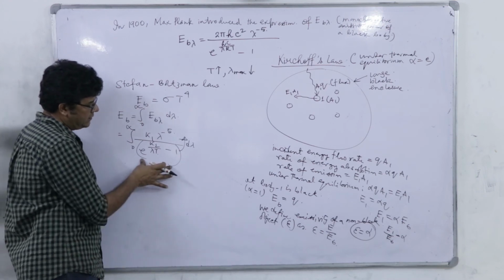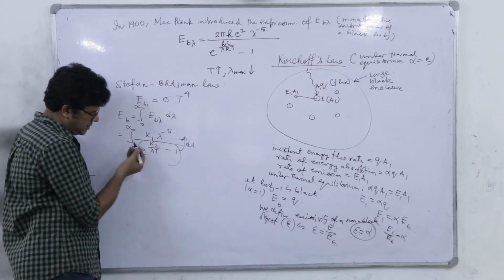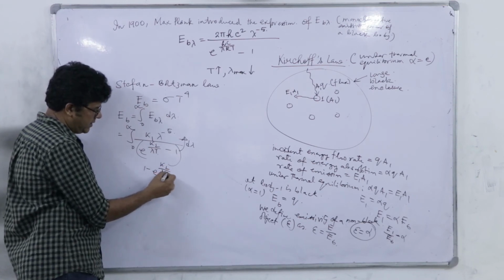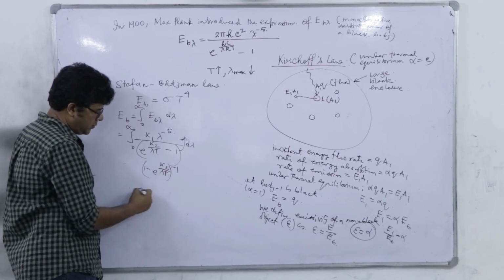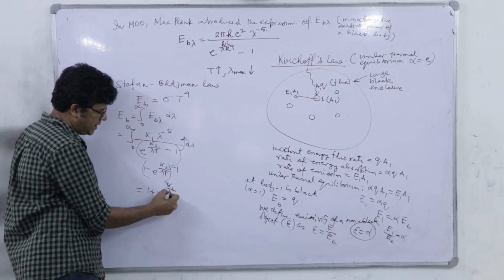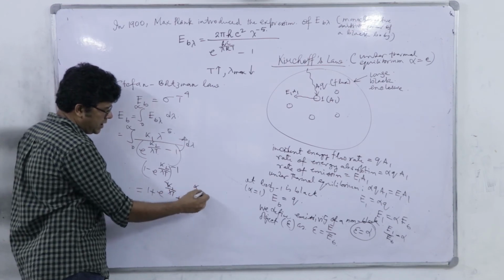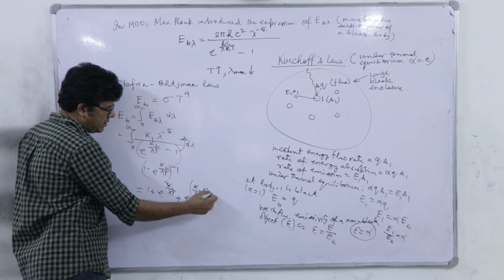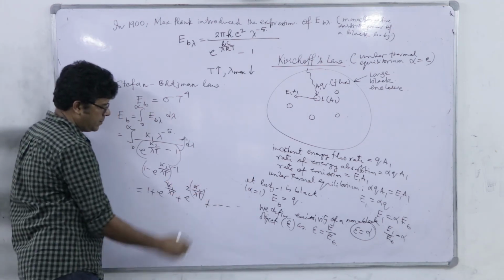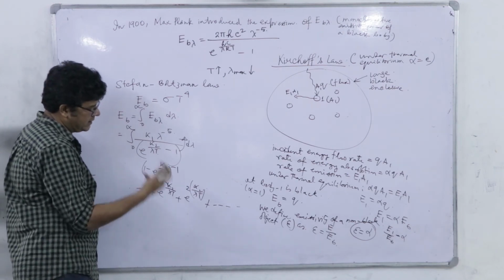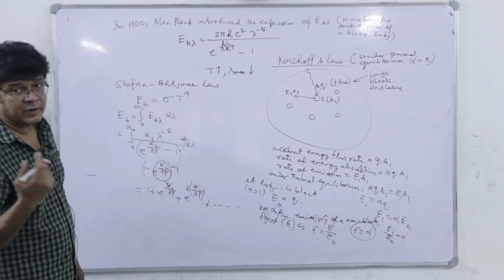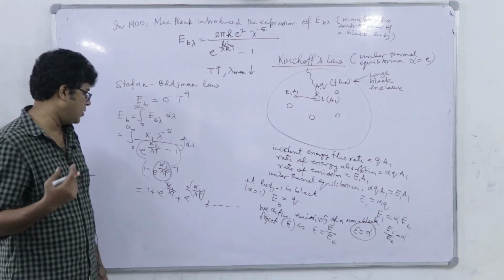Whenever I expand this, if I write it as 1 minus e to the power minus k2 by lambda T to the power minus 1, I will have 1 plus e to the power minus k2 by lambda T plus e to the power minus k2 by lambda T whole square, and so on and so forth. Sorry, not square, it is 2, because 1 plus x plus x square is the expansion of 1 minus x to the power minus 1.